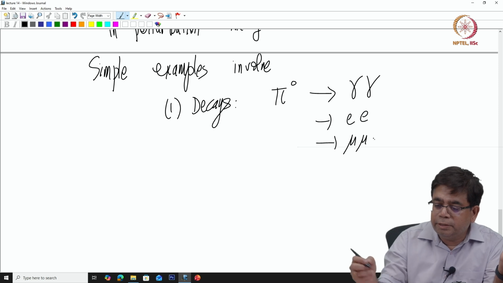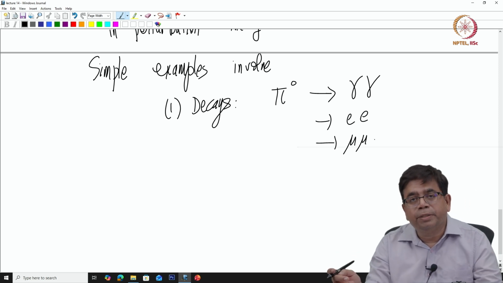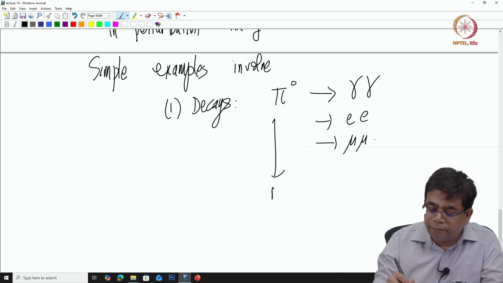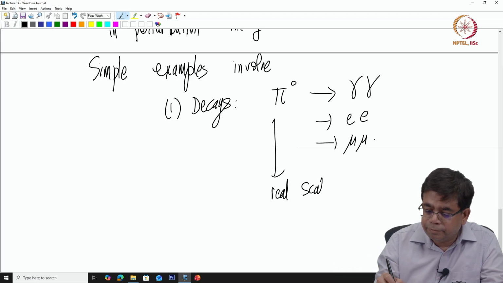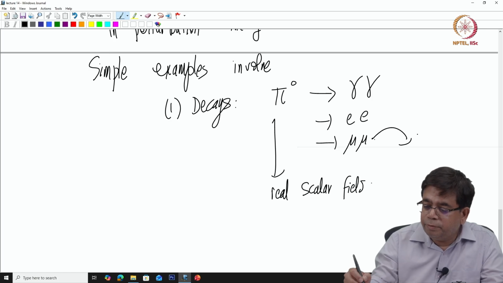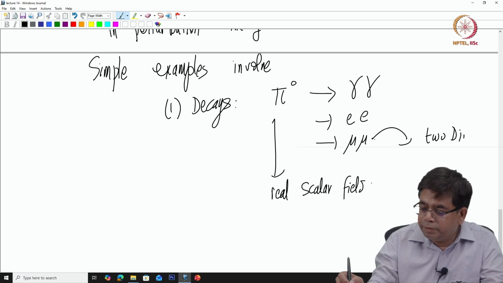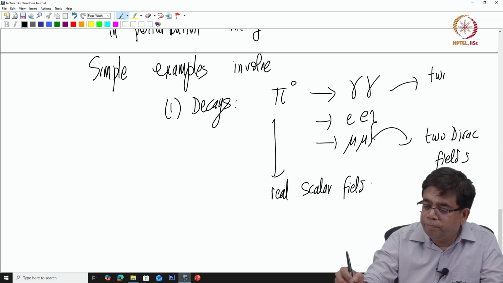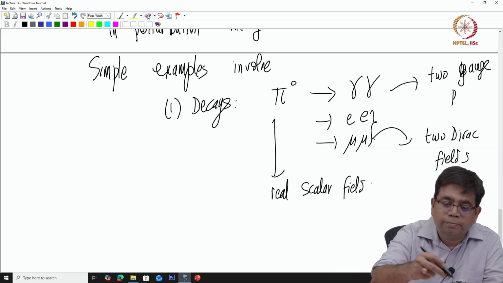So, this is a process one can try to compute. In it there is a scalar field, a real scalar field, which decays into 2 Dirac fields, fermions, which we will see later, or 2 gauge bosons, 2 photons.